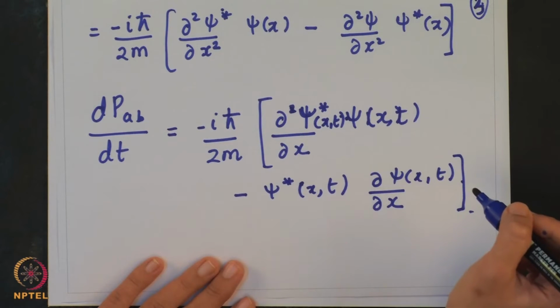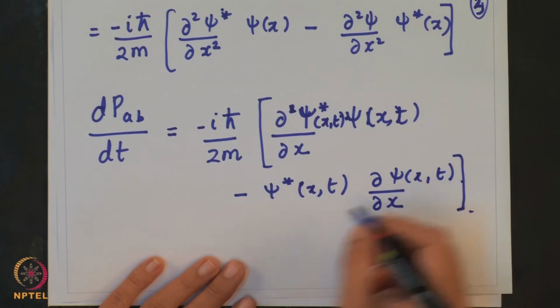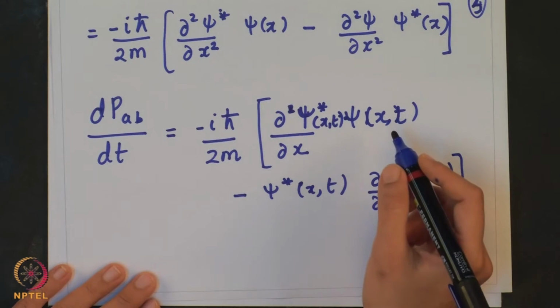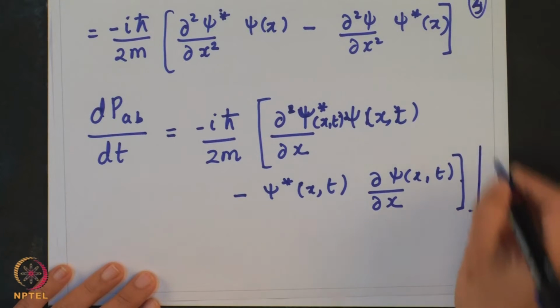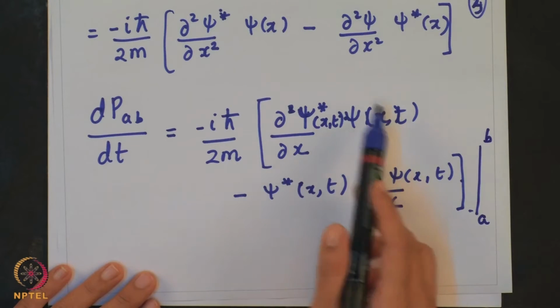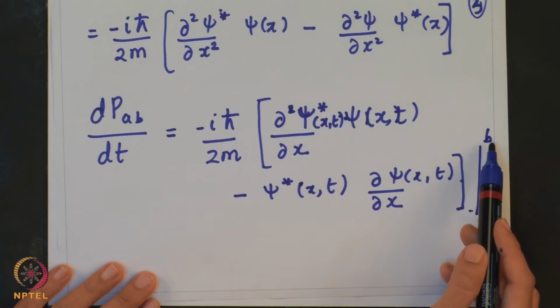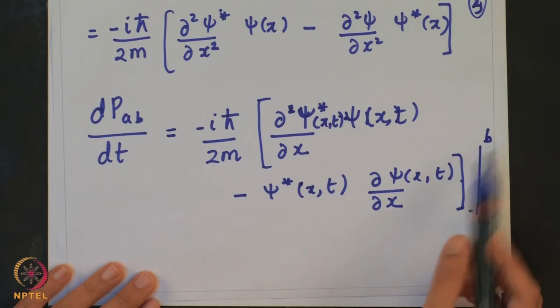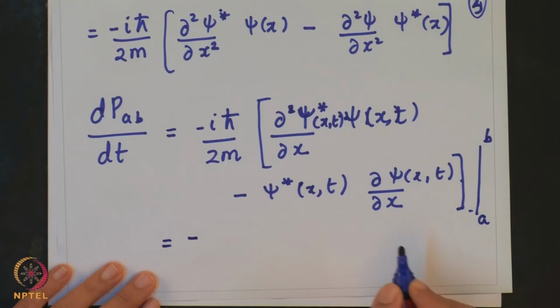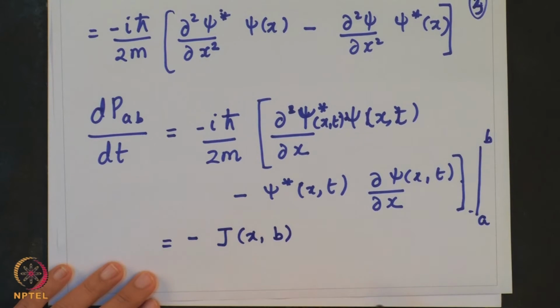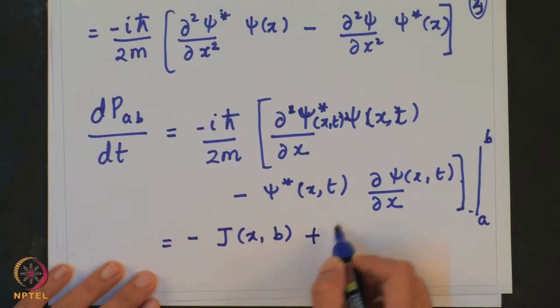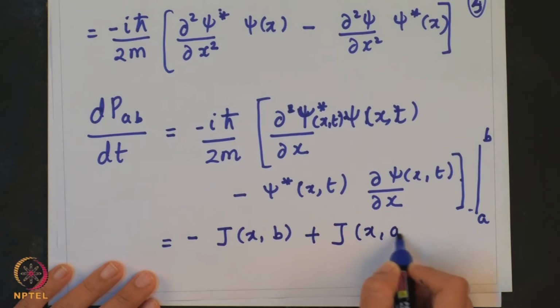And then you can rewrite this, and you have to put the limits of integration. So, the first part, when x is equal to b, you obtain j(x, b) — there is a minus sign already — minus the lower limit, that is, I will have a minus and minus plus, so that will be j(x, a).